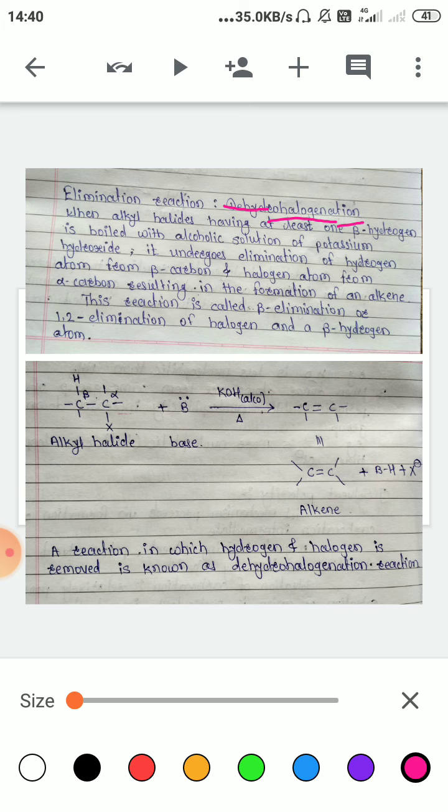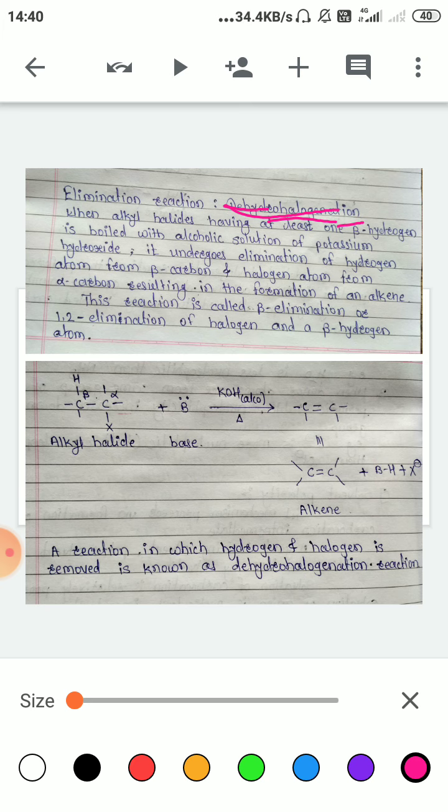Hydro means removal of hydrogen, and halogenation means halogen. That means the removal of hydrogen and halogen from the adjacent carbon atoms is called dehydrohalogenation or an elimination reaction.